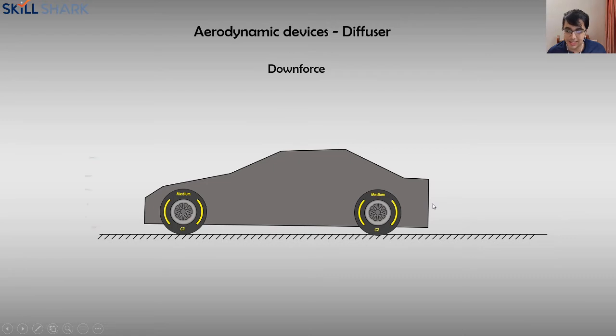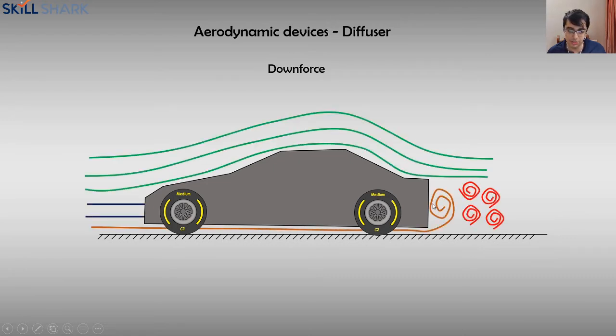As you can see, a darker color like this dark brown orange is high velocity. Green is moderately high velocity, and blue is low velocity. Air that hits this front part of the car just hits it. There are some grills that send it to the engine, but there is a lot of drag over here. Low velocity means high pressure, so remember there will be high pressure in this zone.